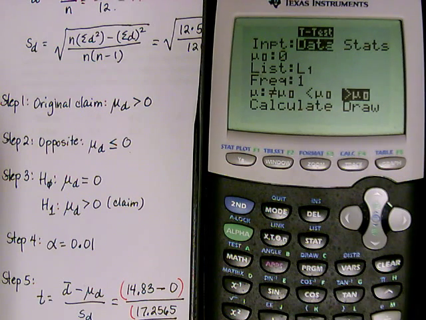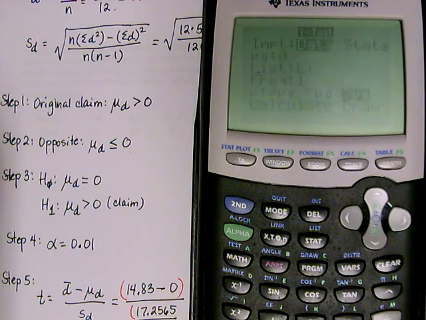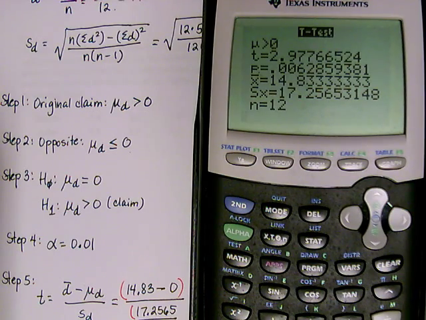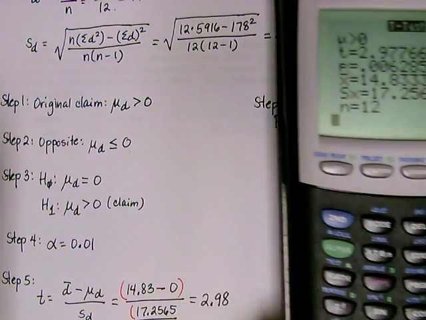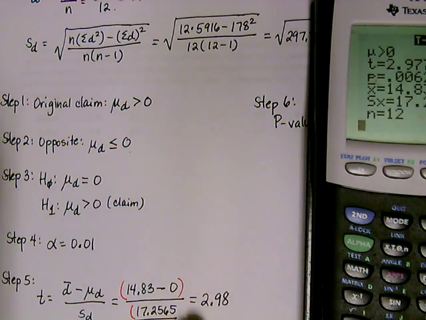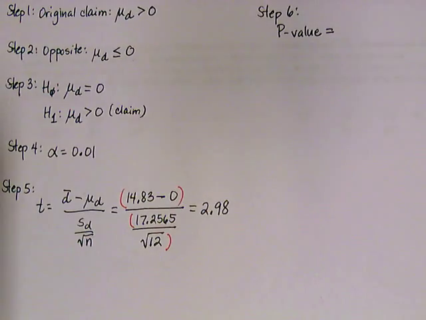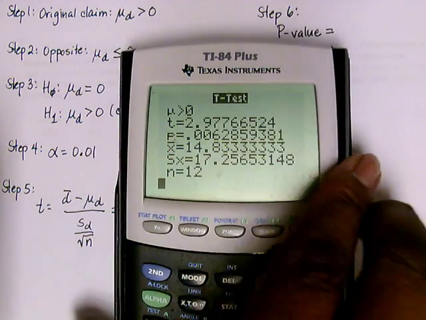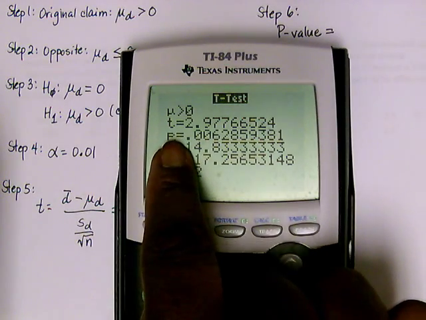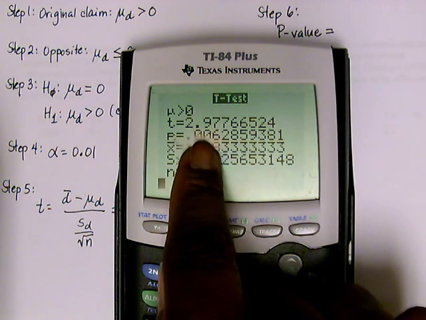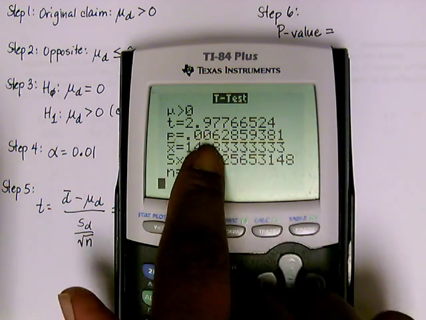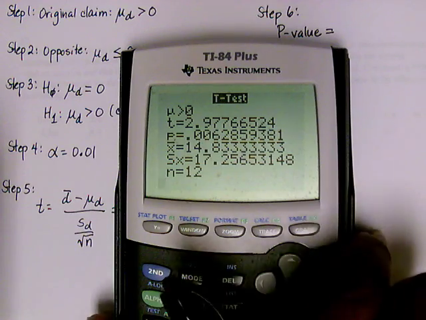Then press the down arrow key to highlight calculate and then enter. Now you can see the test statistic is exactly the same as what I came up with in step 5, only I rounded it off to 2 decimal places. Underneath it, you'll see the lowercase p, that's your p-value. I'll round that off to 3 decimal places. That'll be 0.006.